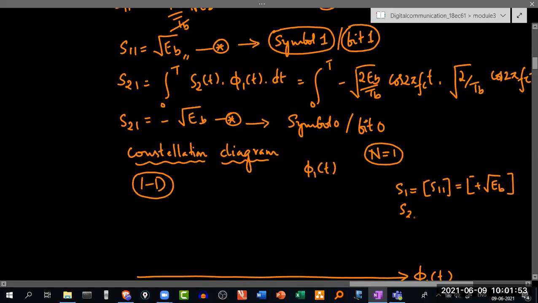Likewise, what was our signal S2, which is representing symbol 0?